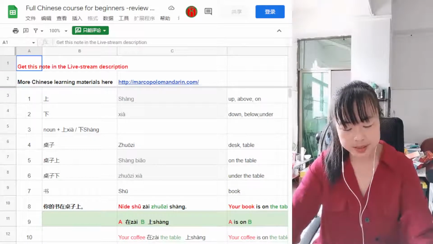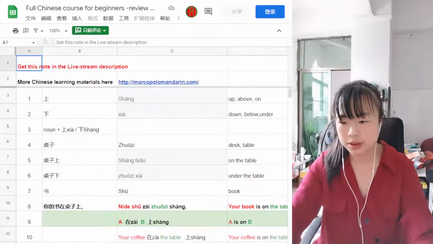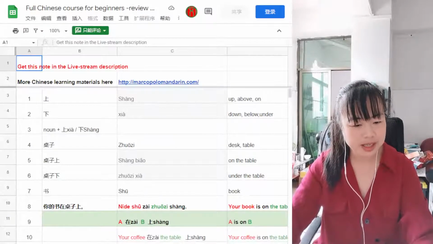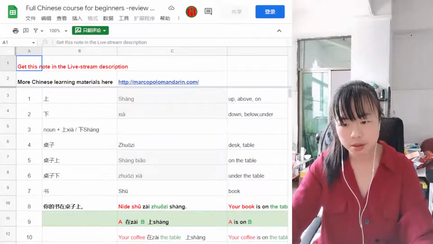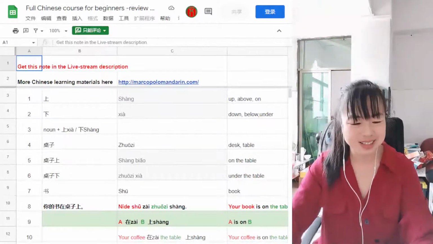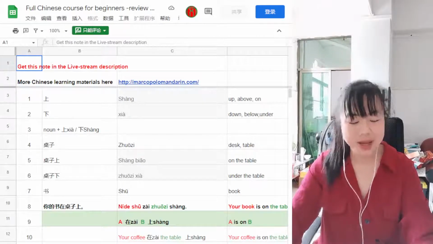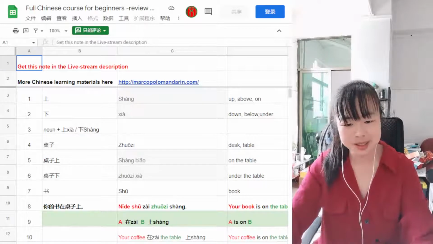Okay, this will be the last pattern. I'm really hungry, it's 1.5 hours. I didn't expect that I can speak so long. Yeah, my longest lesson will be 2 hours or 1.5 hours. But I don't speak by myself. This is a live stream.